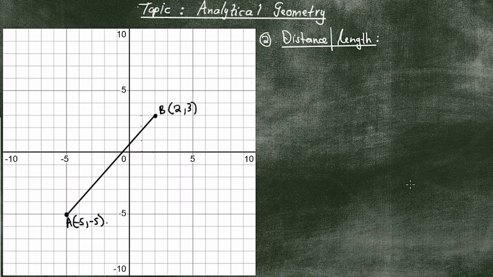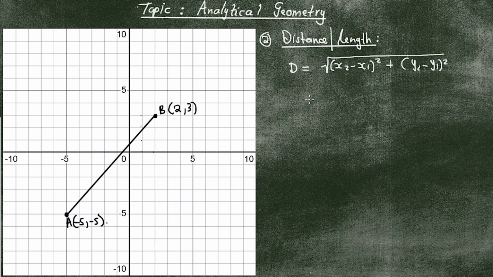Okay, so now let us calculate the distance between A and B. So distance AB, so we know the distance formula: D, the D stands for distance, not dinosaurs, not donuts. D equals the square root of x2 minus x1 squared plus y2 minus y1 squared.